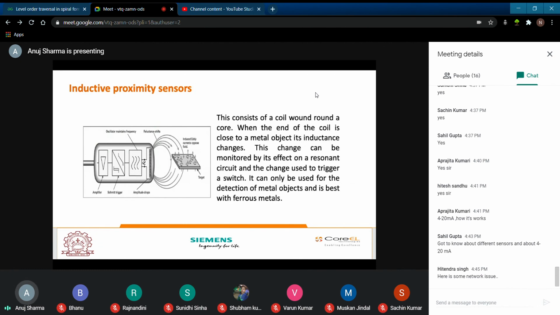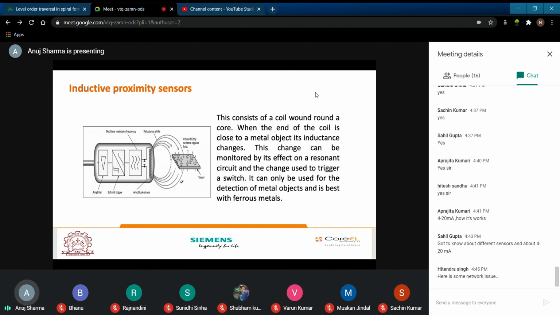Then again you have inductive sensor, amplitude drop, then Schmitt trigger, then amplifier. Now this is a signal processing loop, or you can say characteristics, that all these are required for signal processing.